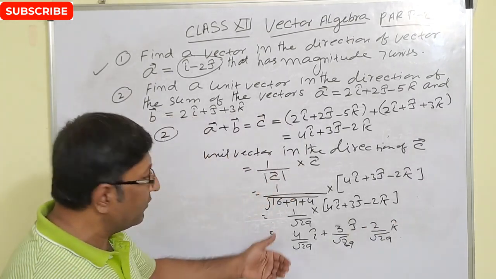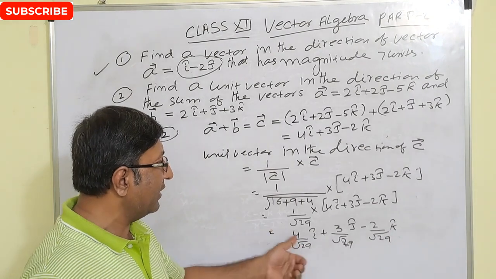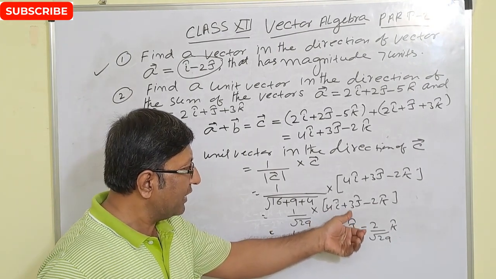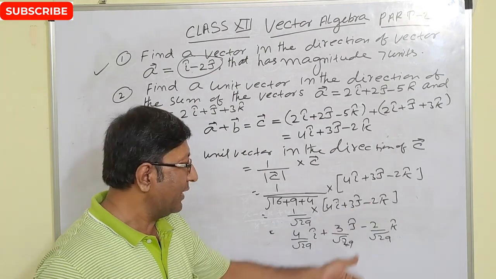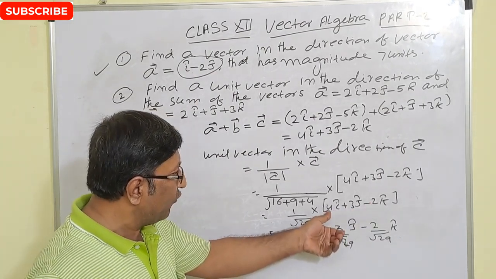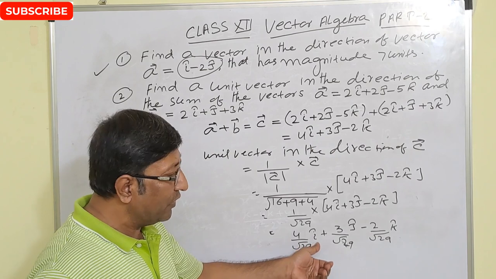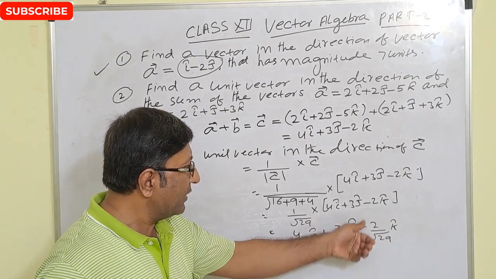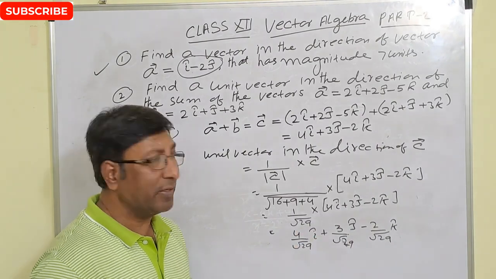So this is 1 by root 29 into (4 unit vector i plus 3 unit vector j minus 2 unit vector k). When we separate this, it is 4 upon root 29 unit vector i, 3 upon root 29 unit vector j, minus 2 upon root 29 unit vector k.